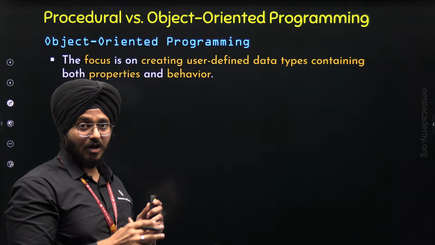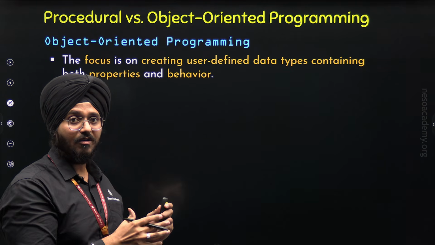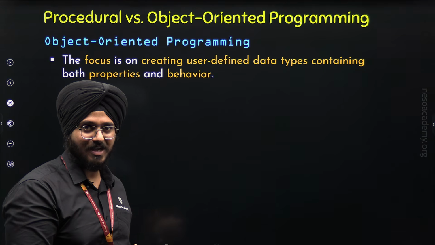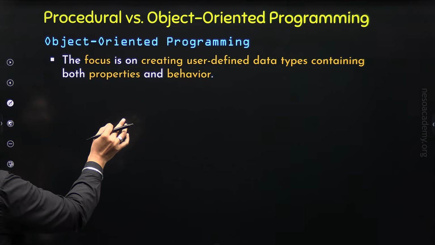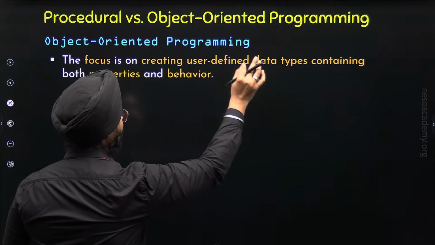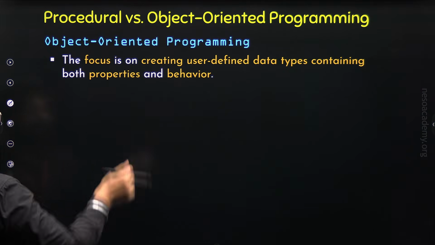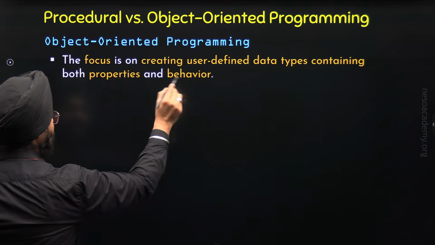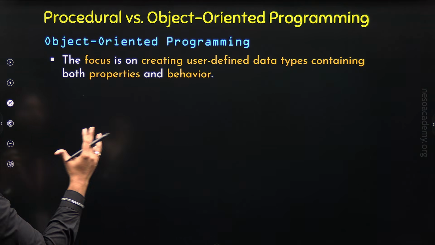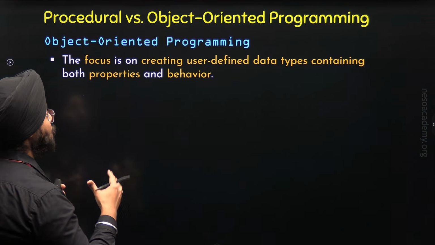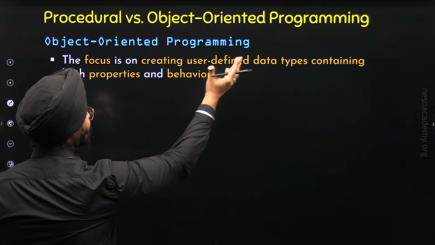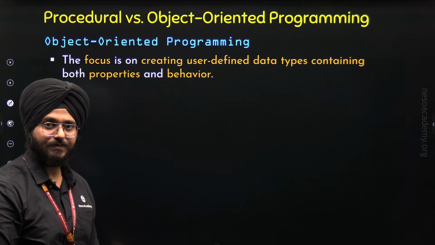In procedural programming, we were focusing on functions or procedures, but here the focus is on creating user-defined data types that contain both properties and behavior. So properties and behavior are combined together within a user-defined data type.